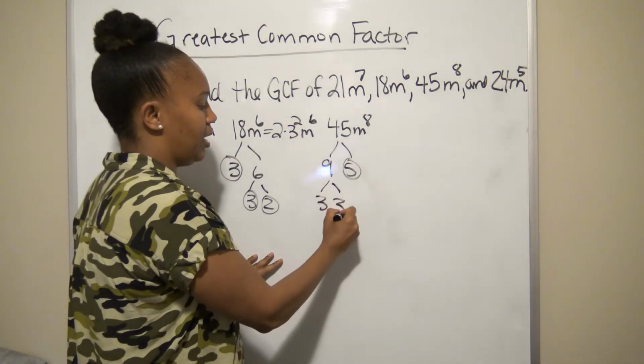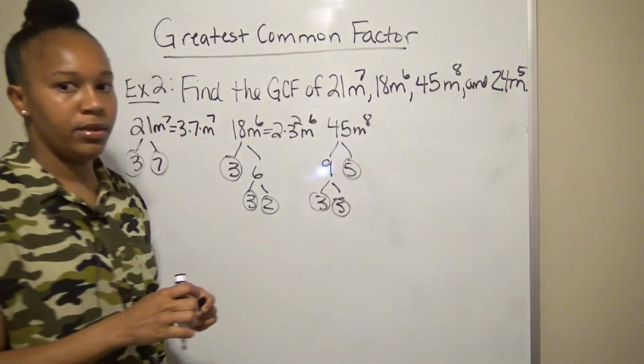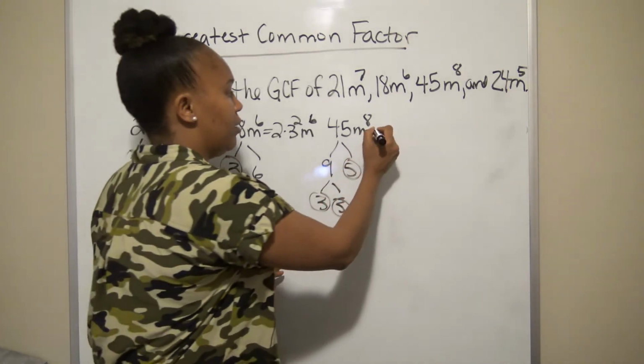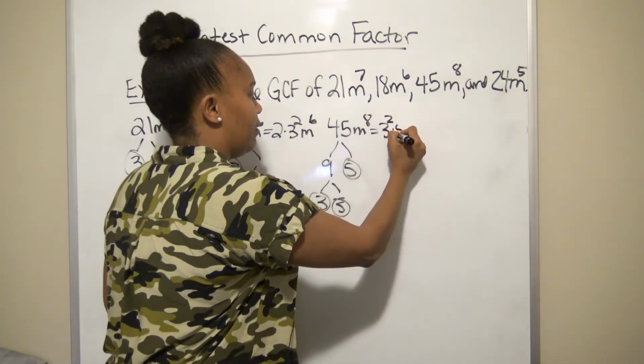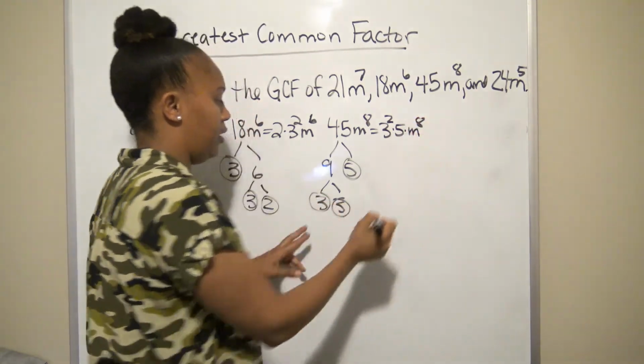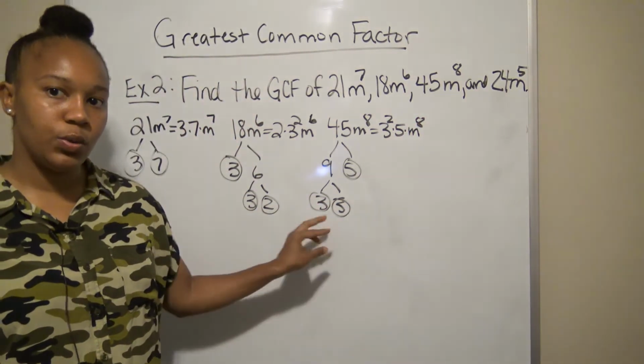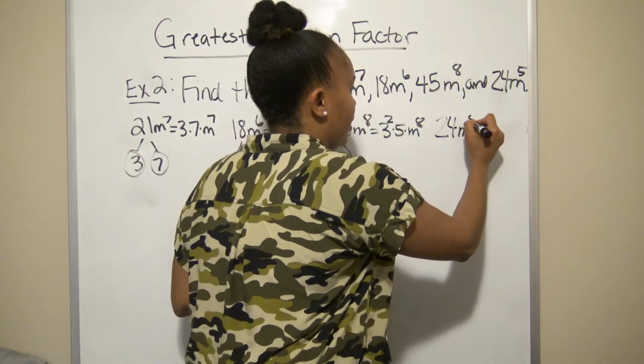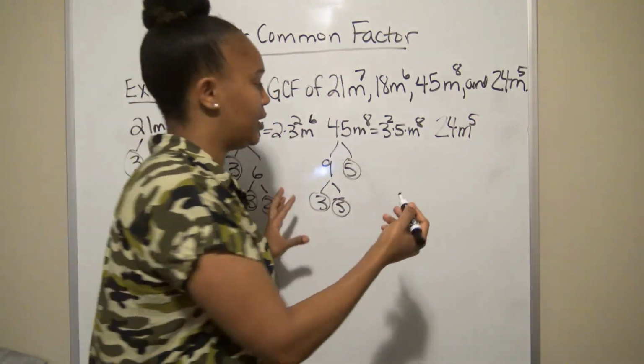And 9 is 3 times 3. Those are both prime. That's a 3 and a 3. And so this ends up being 3 to the 2nd times 5 times m to the 8th. It's 3 to the 2nd because we have 2 3's. And then the last one, 24m to the 5th. 24 is 6 times 4.